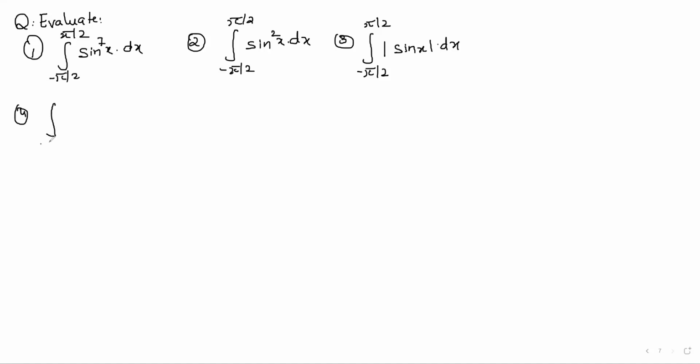Minus pi by 4 to pi by 4, x cube sine to the power 4x dx.